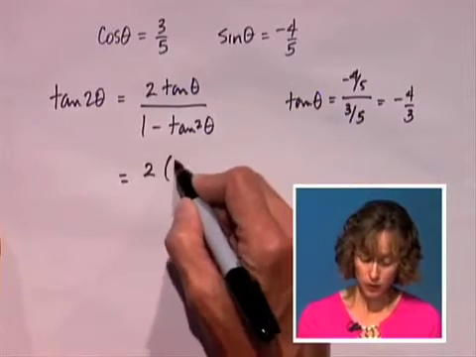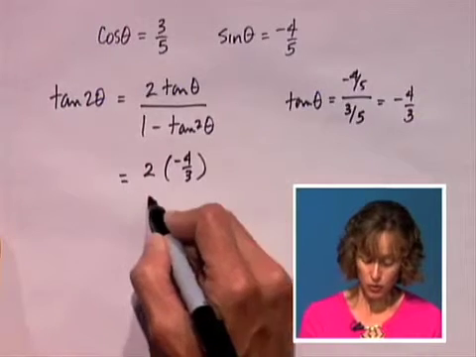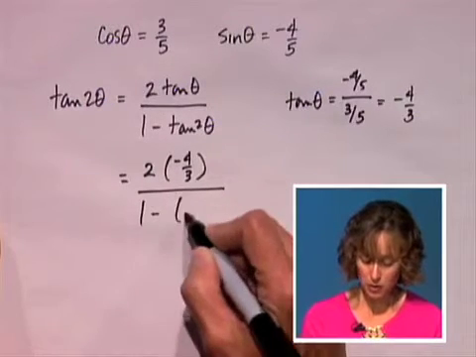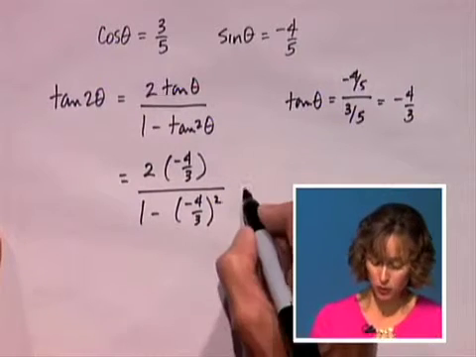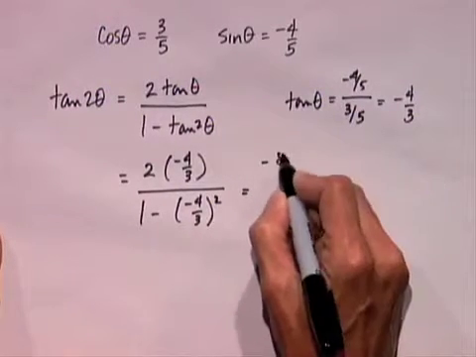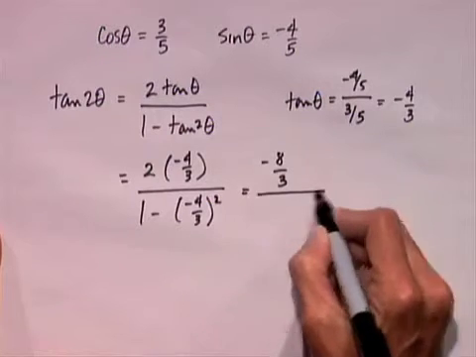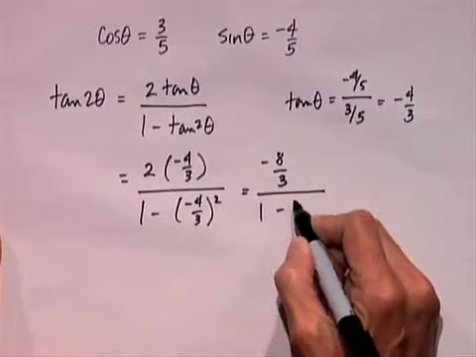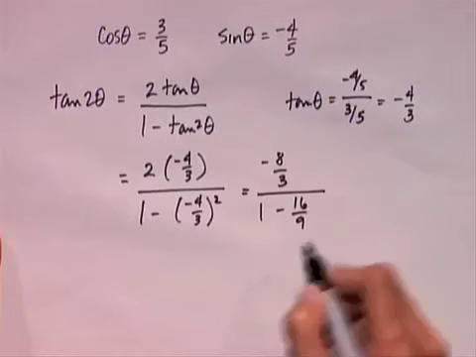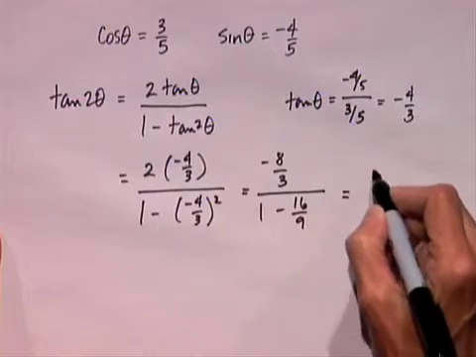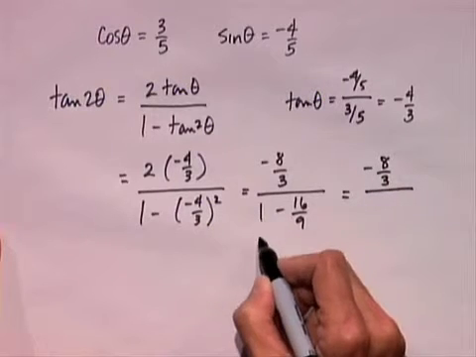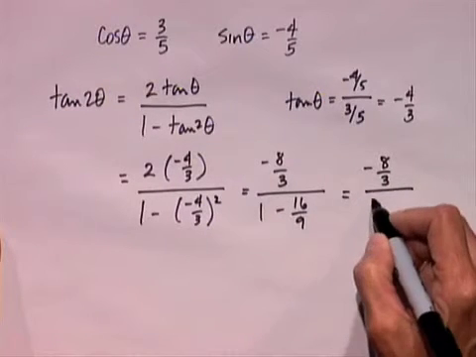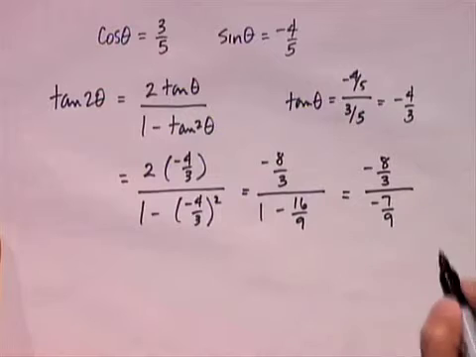It's 2 times negative 4/3 over 1 minus negative 4/3 squared, and I need to simplify. This is negative 8/3 over 1 minus 16/9. Cleaning up the denominator, that's negative 8/3 divided by 9/9 minus 16/9, which is negative 7/9.